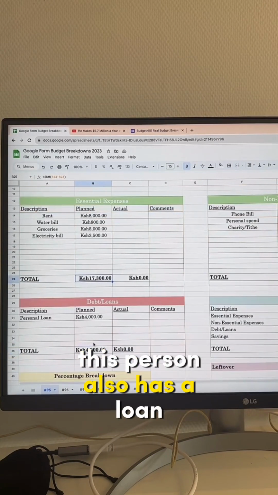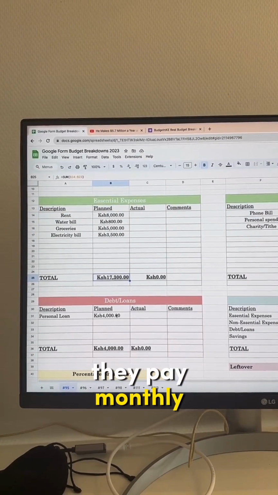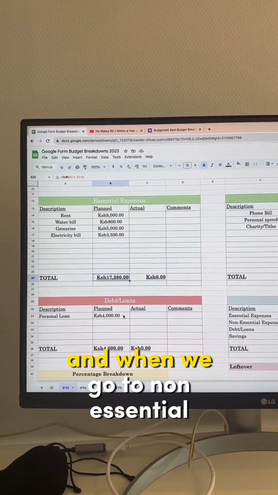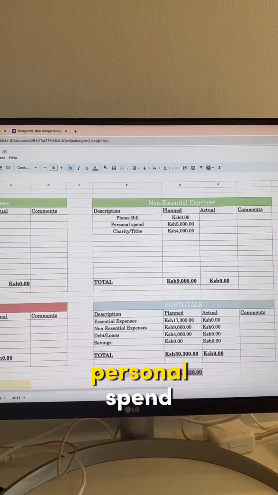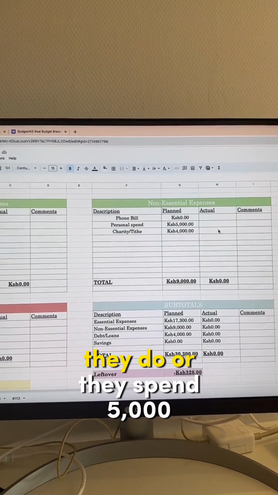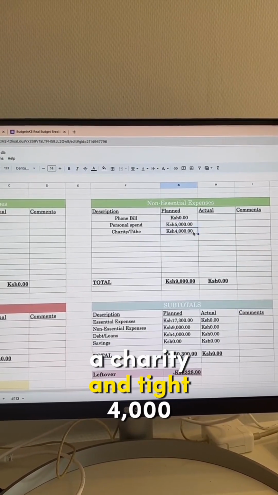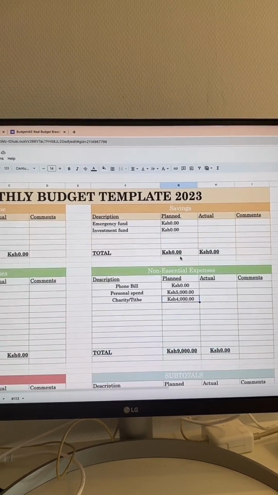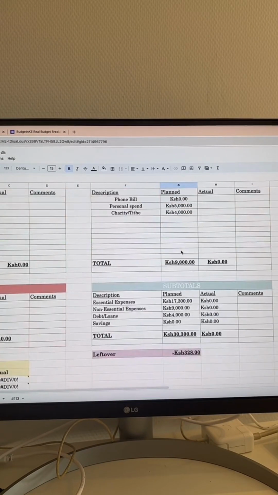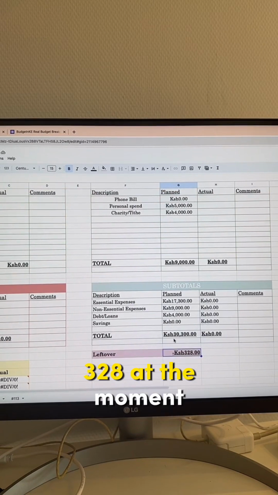This person also has a personal loan of 4,000 that they pay monthly. In non-essential expenses, personal spend they spend 5,000, and charity and tithe 4,000. Ooh, okay. They have no savings, and I think they even overspend by 328 at the moment.